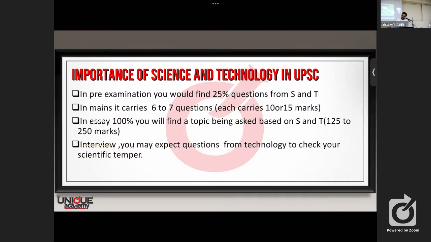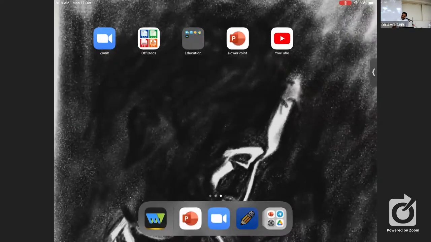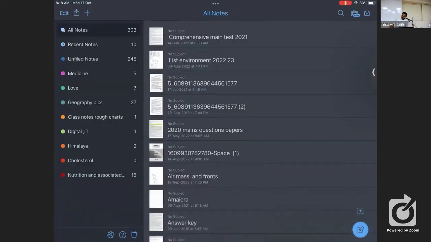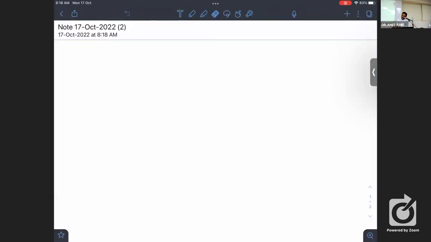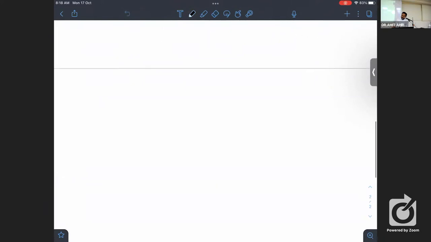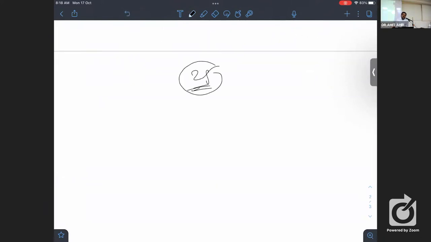Many topics are there in geography and many topics are there in environment, but most of these topics are, in fact, based on general science. Suppose, for example, there were 25 questions from science and technology in this preliminary examination.